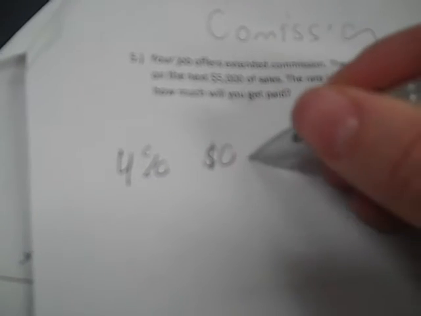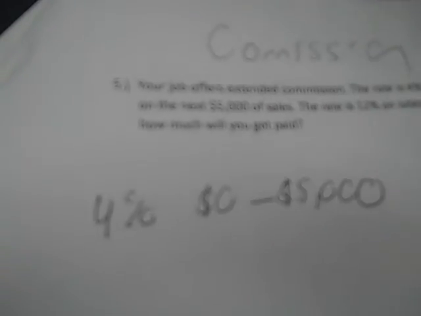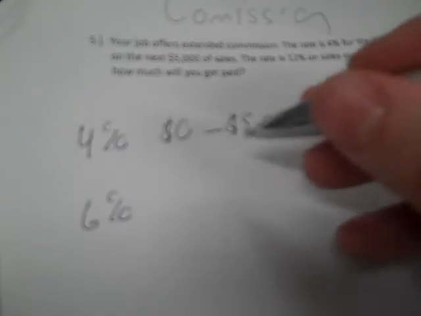Okay, then we have another commission. Remember, commission, you're looking for percents. Your job offers extended commission. The rate is 4% on the first $5,000 of sales. So again, we have 4%, and that's from 0 to 5,000. The rate is 6% on the next $5,000 of sales, so I have 6%, and I drop 5,000.